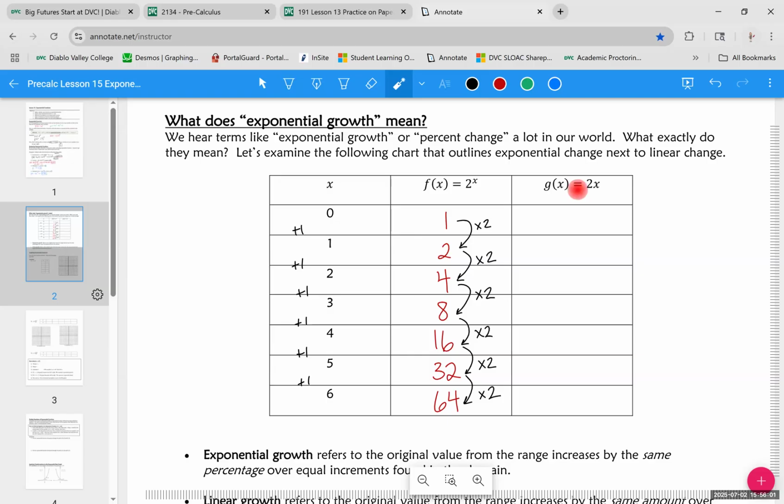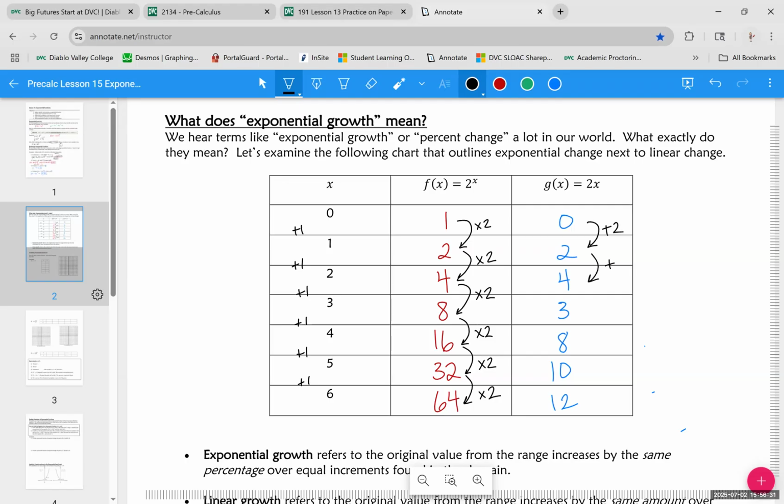How is that different from, say, a linear equation that we started with way back in the beginning of the semester? Well, 2 times 0 would give me 0. 2 times 1 would give me 2. 2 times 2, 2 times 3, 2 times 4, 2 times 5, and 2 times 6. So what's happening here is that this is also additive.